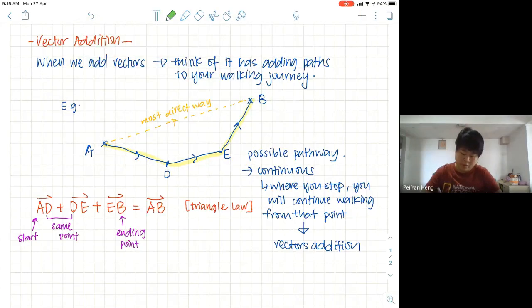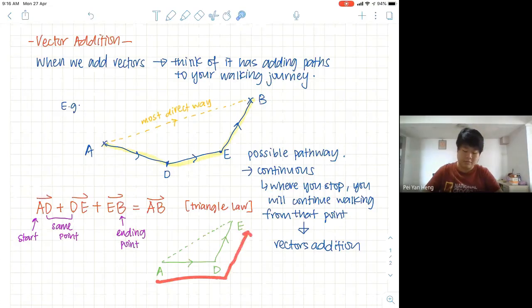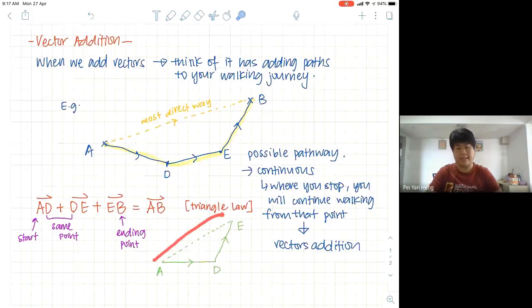Because when we look at the vectors addition, point A to point D, and then point D to, let's say, point E, we are actually forming a triangle. If you want to walk from A to D and then D to E, it's the same as you walk from A to E directly. That's what it means. That's why it's a triangle.